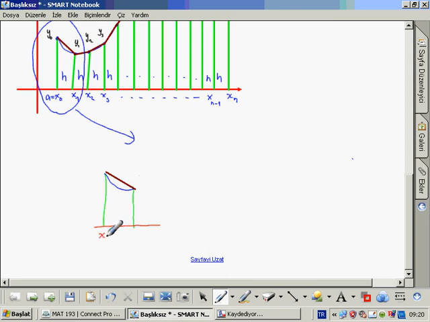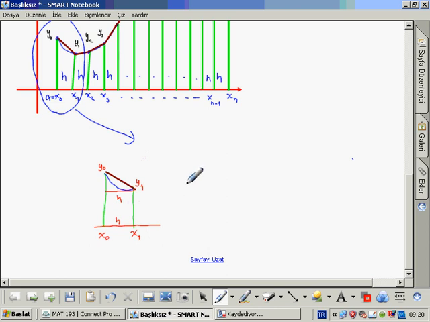This point, for example, is x0, x1, and this is y0, y1, and this distance is h.